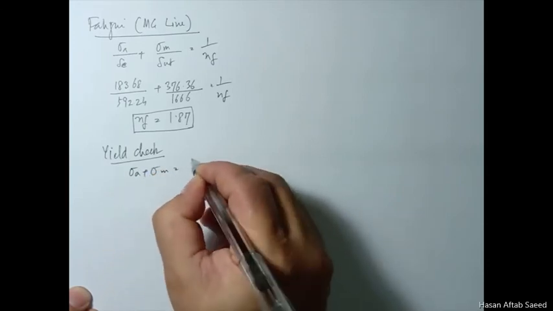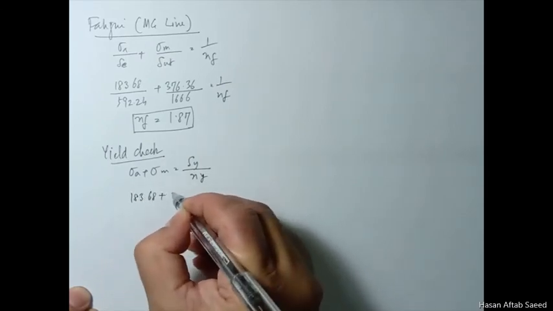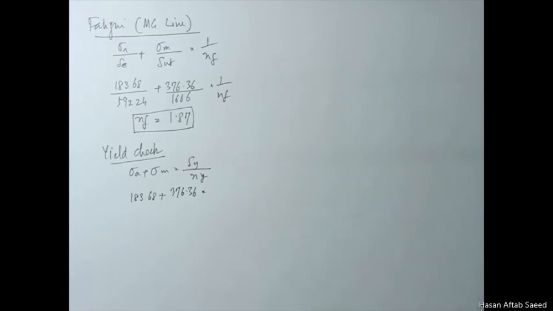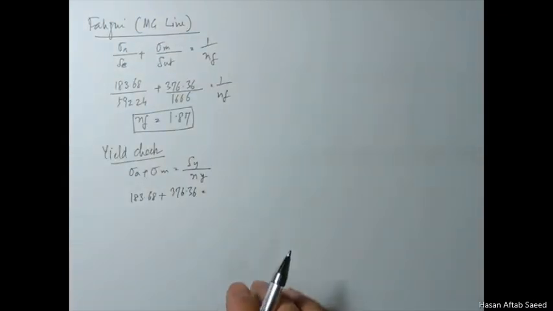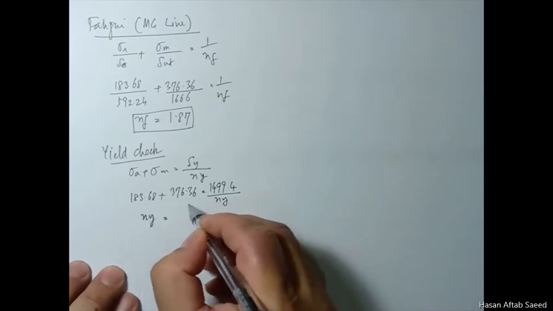Sigma A and sigma M values we have just used, using them here again, 367.36. The Sy value we just saw was 90% of the ultimate tensile strength, and that turned out to be 1499.4 MPa. And NY turns out to be 2.68.